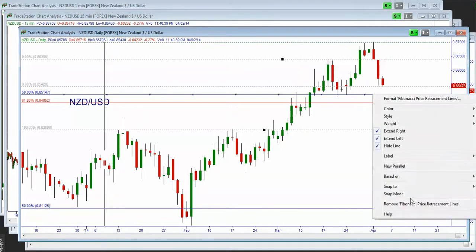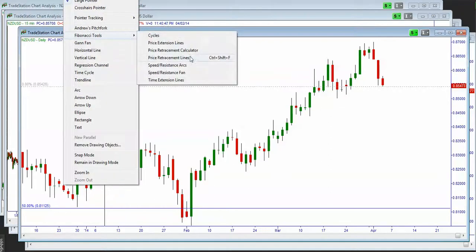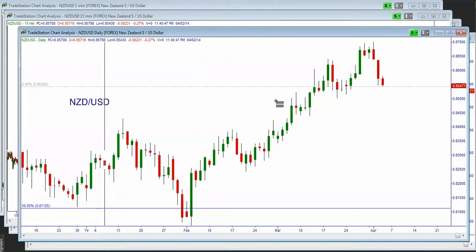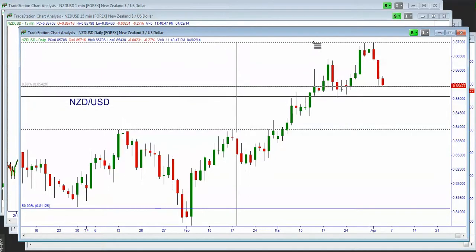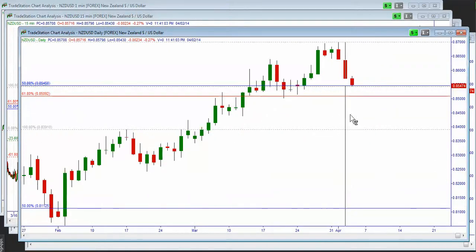Once I saw that, and started seeing a correction here, of course, I've been looking at the next extension long, and I said if we correct, we're going to see price at this 085.45.